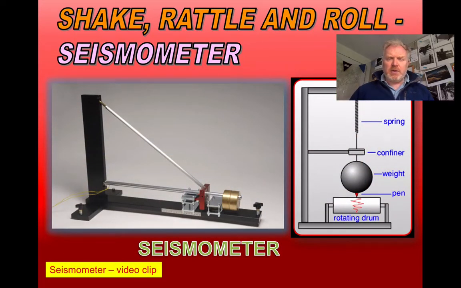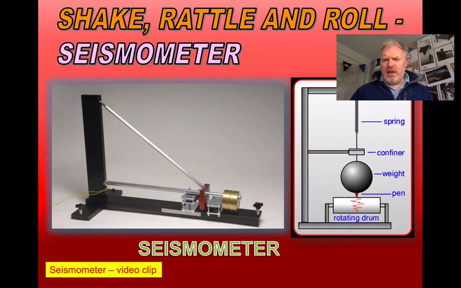Let's think about seismometers, how we actually go about measuring seismic waves. Now, the old-fashioned way of doing this was on the seismograph. More modern techniques use electronic microphone type devices called seismometers to record the shaking created in an earthquake.